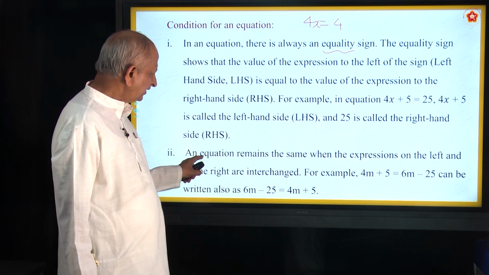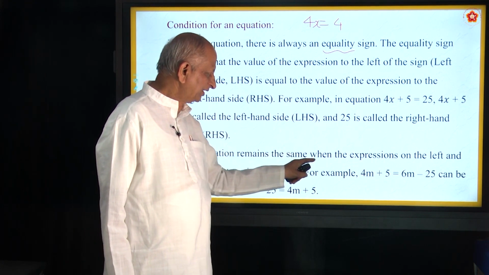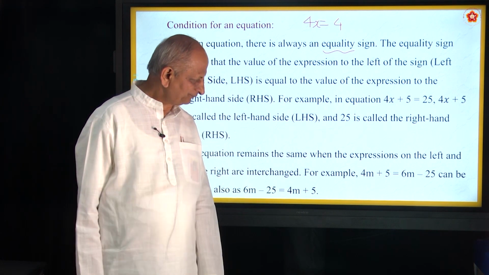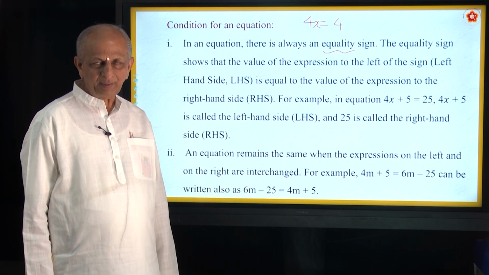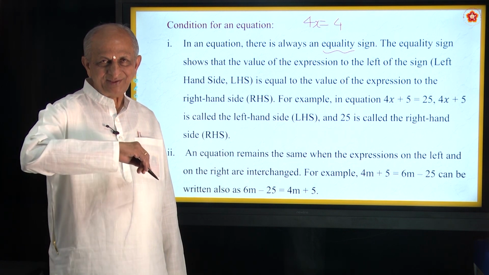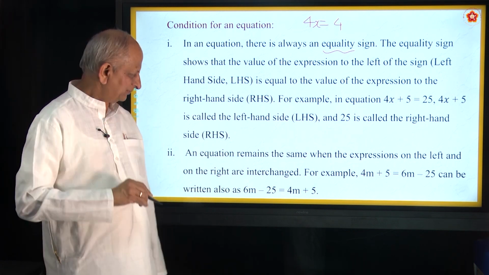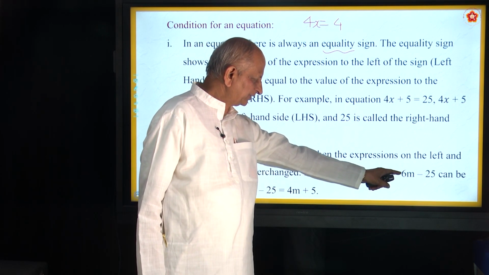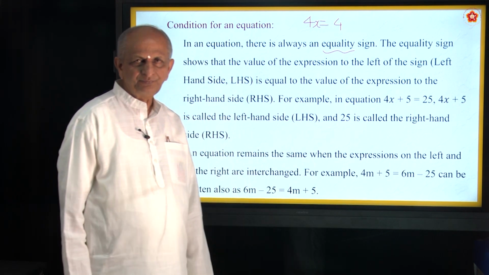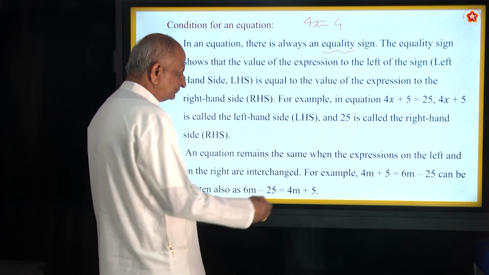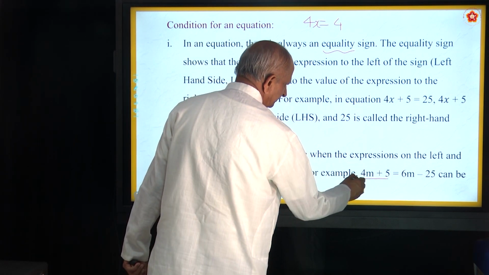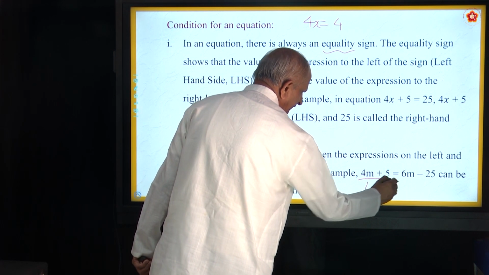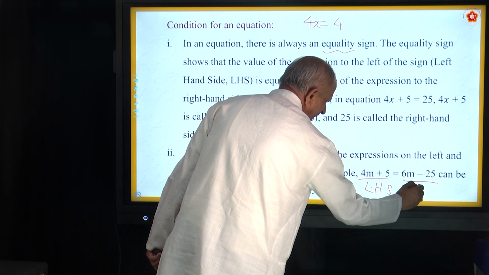An equation remains the same when the expressions on the left and on the right are interchanged. What are we interchanging? Changing, left becomes right, right becomes left. For example, in the equation 4m plus 5 is equal to 6m minus 25, this is called left hand side, is it not? Which is right hand side? This is right hand side.